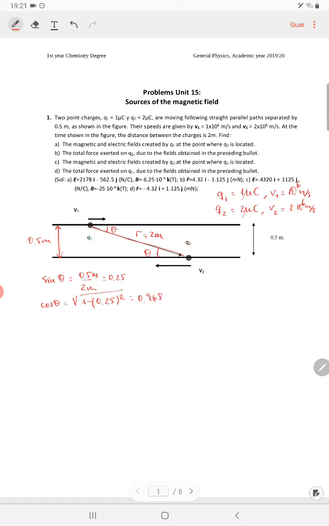Then in section A, they want us to calculate the electric field and the magnetic field at the point where the second charge is, generated by the first charge.